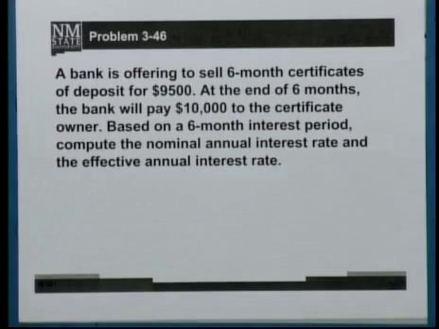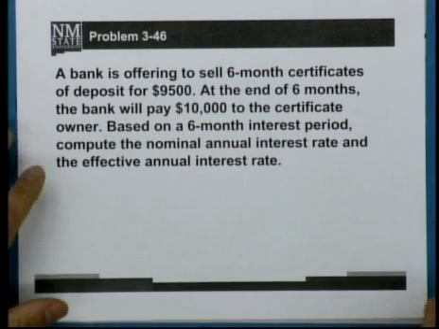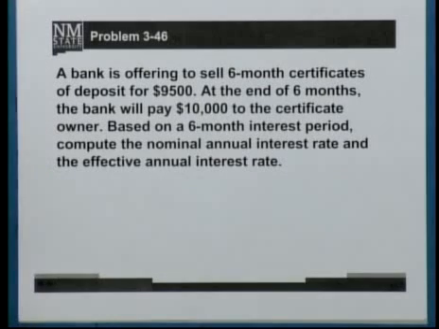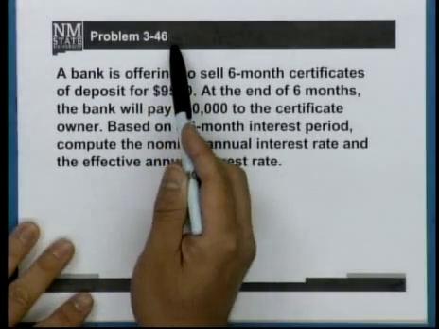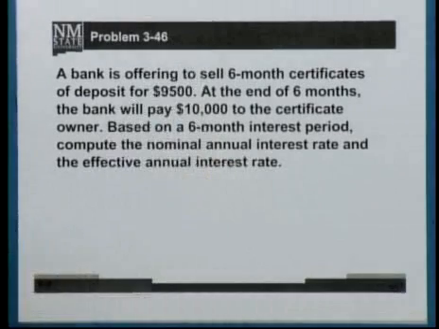Our textbook provides the nominal interest rate and effective interest rate in both chapters 3 and 4. So both chapters, at the end of chapters 3 and 4, provide problem sets for nominal interest rate and effective interest rate. So this time, let's go back to the end of chapter 3 problems, which is 3-46.